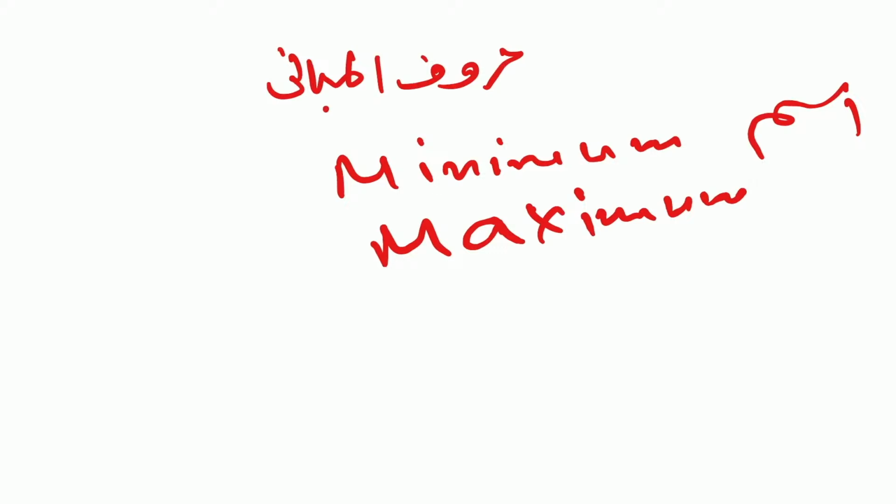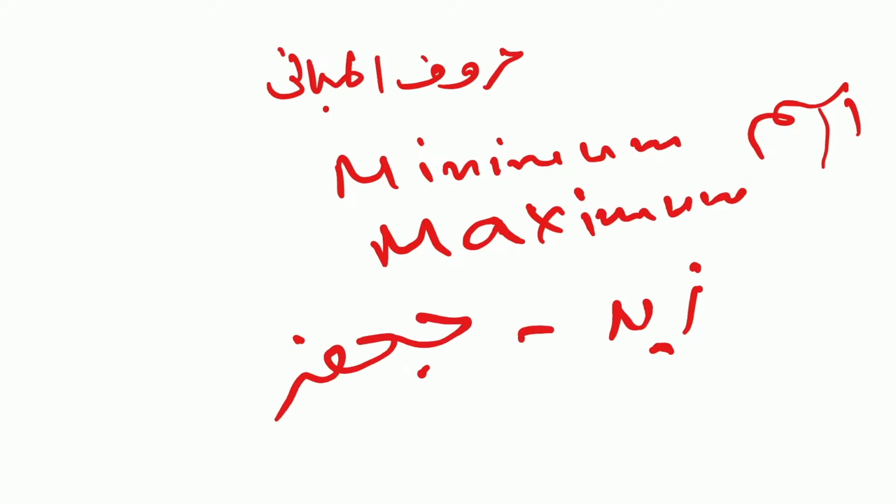Because why? You will come across an ism, for example, Zaydun. So Zayd has how many huruful mabani? 3. Now you come to Ja'farun. How many? 4. So you see, Ja'far has 4 and Zayd has 3. Then you come to another one which is called Jahmarishun.